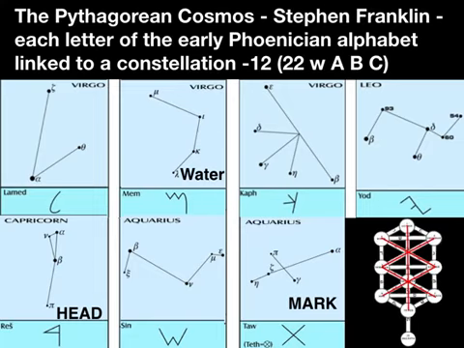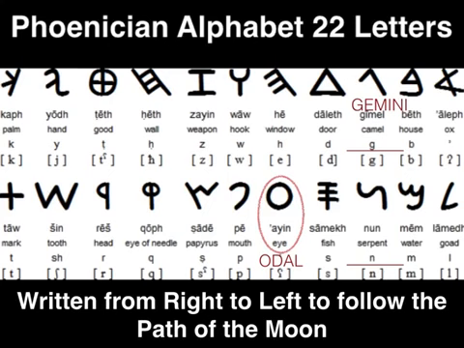Well, we can start with the oldest alphabet of the Phoenicians, which are the star constellations for each letter. And they are also the pathways on the Kabbalah tree. The Phoenician alphabet contains 22 letters. It was the writing of Phoenician, a northern Semitic language used by the civilization of Phoenicia.